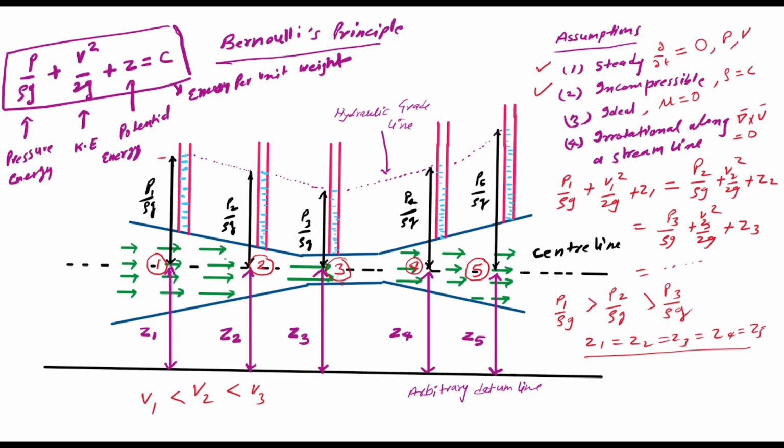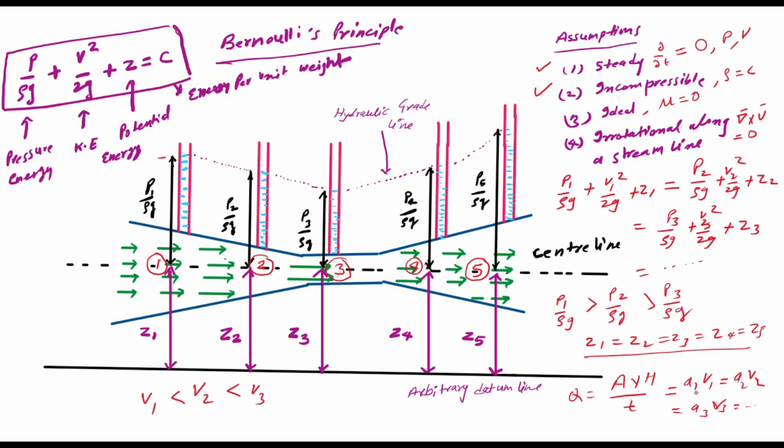If we know the flow rate, that is, if we store this flow in a tank whose cross sectional area is A, and at a particular time t we get a height h, then we get Q. The same flow rate comes through this tube, so Q equals A1 V1 equals A2 V2 equals A3 V3, and so on.